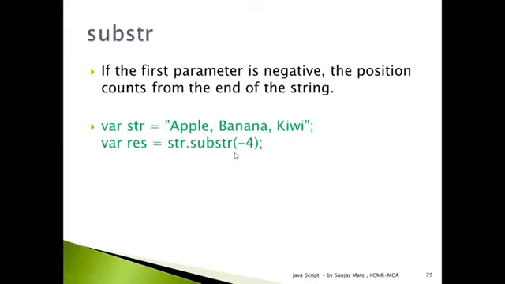Now in substr, here you are not having two parameters. Here you are providing only the starting point, that is -4. So what does it print? In this case, -4 means go from the end: that is -1, -2, -3, -4. So it will print kiwi.